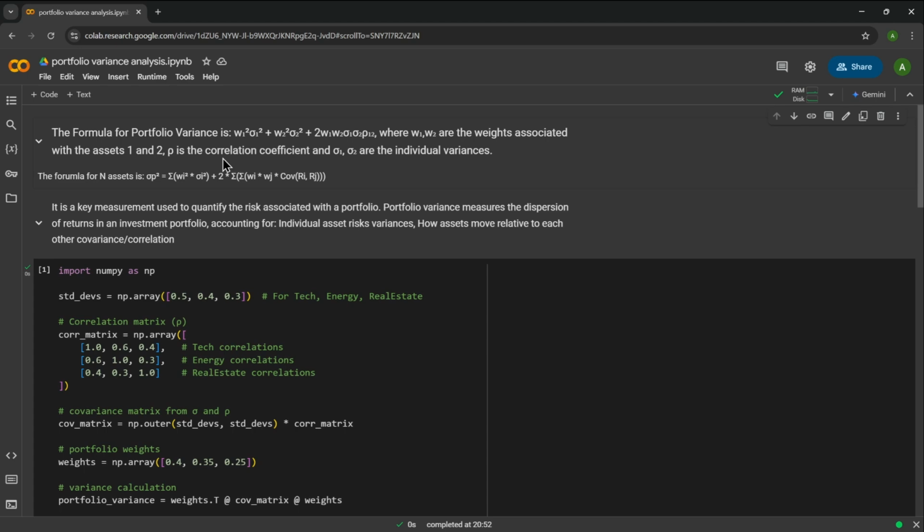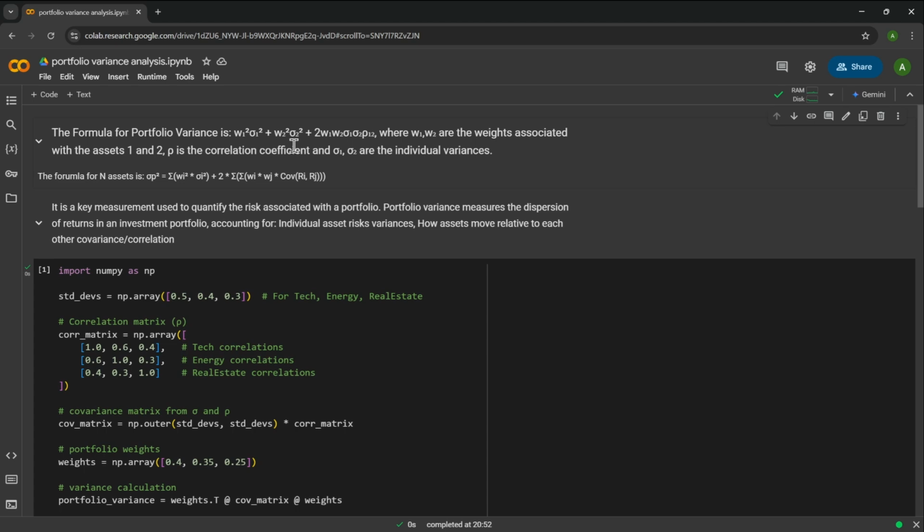Weights are basically the percentage of the portfolio which is allotted for asset one, and W2 similarly is the percentage of the portfolio allotted for asset two. So that is W1 and W2. Then we have sigma 1 and sigma 2, which is the individual variance of the asset.